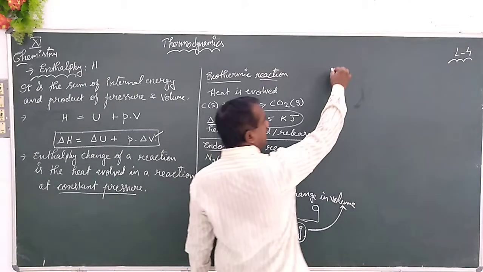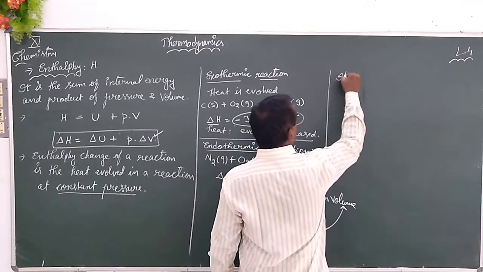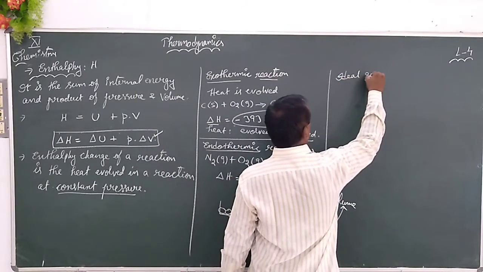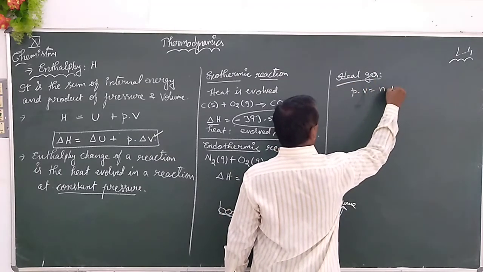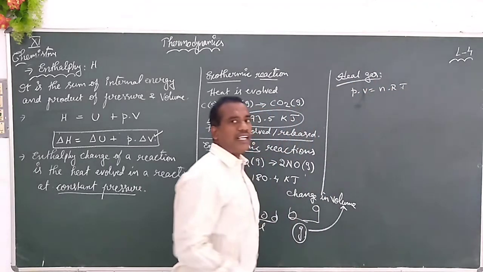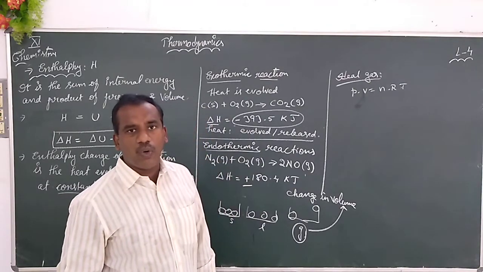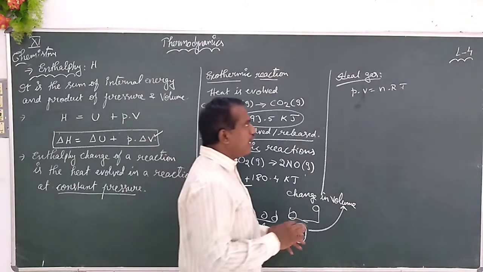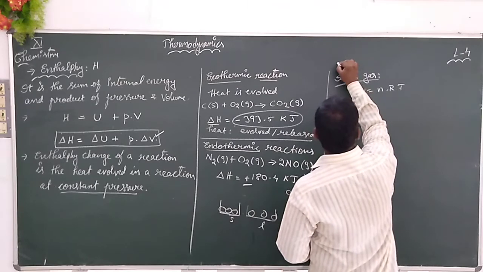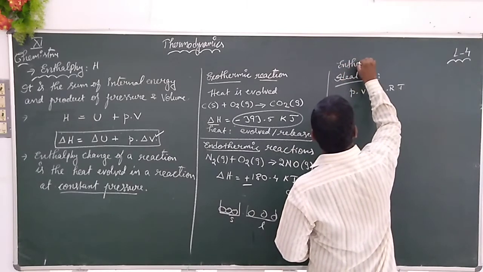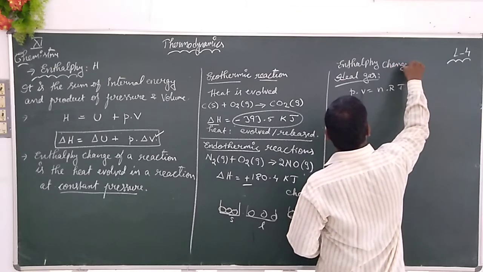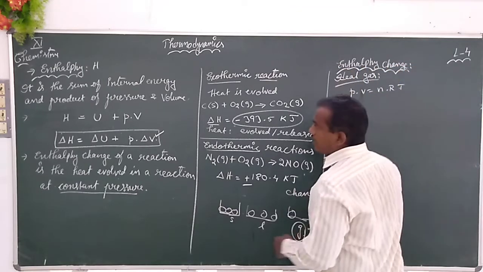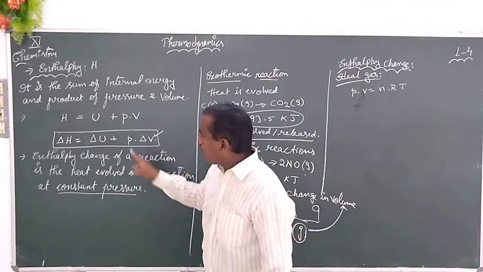Do you know the ideal gas equation, children? What is the ideal gas equation? PV is equal to nRT. Is it not? During the enthalpy change, what is constant already?